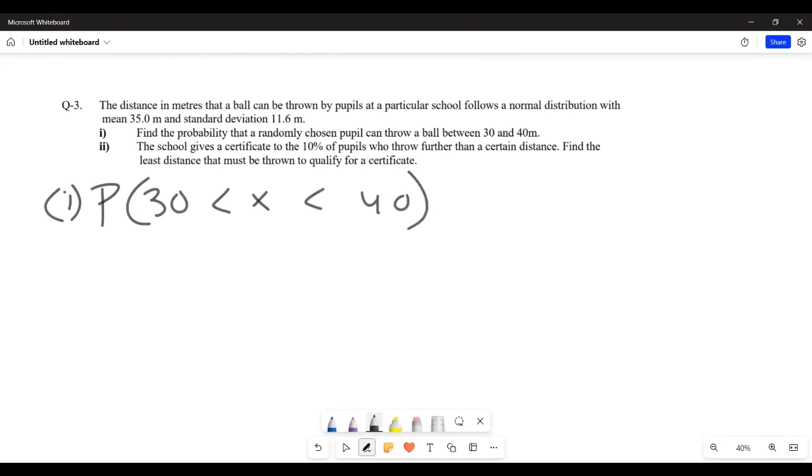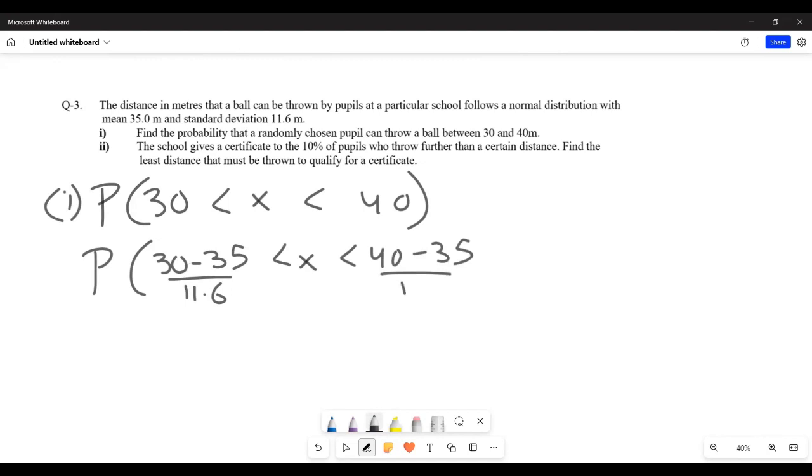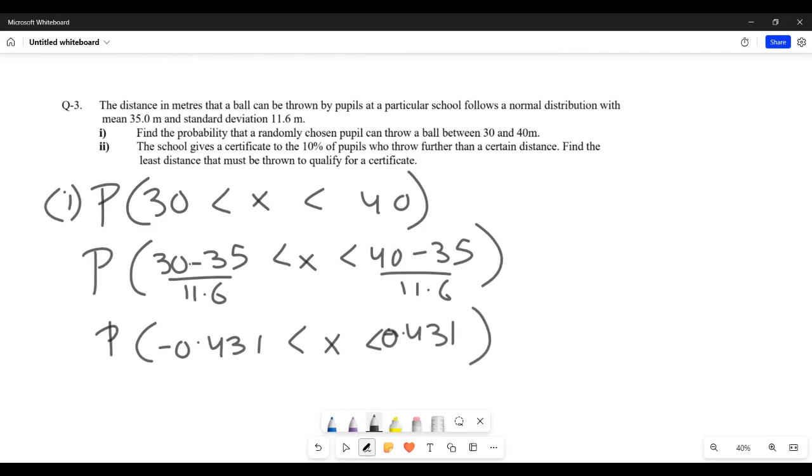Now make the mean 0, standard deviation 1 by subtracting the given mean and dividing by the given standard deviation. Which gives minus 0.431 and 0.431 in 3 significant figures. All right.